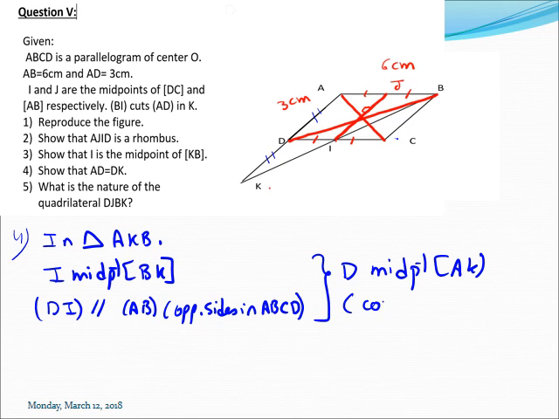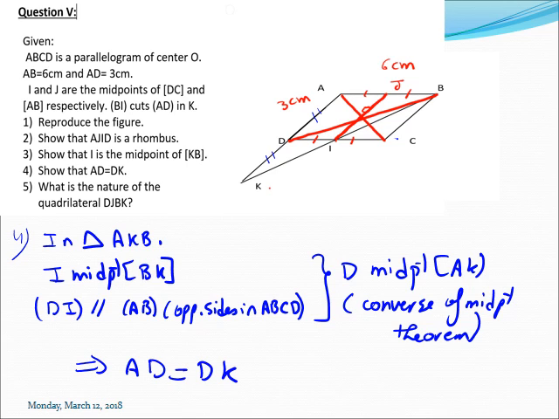Use the converse of the midpoint theorem. So we can say that AD equals DK.